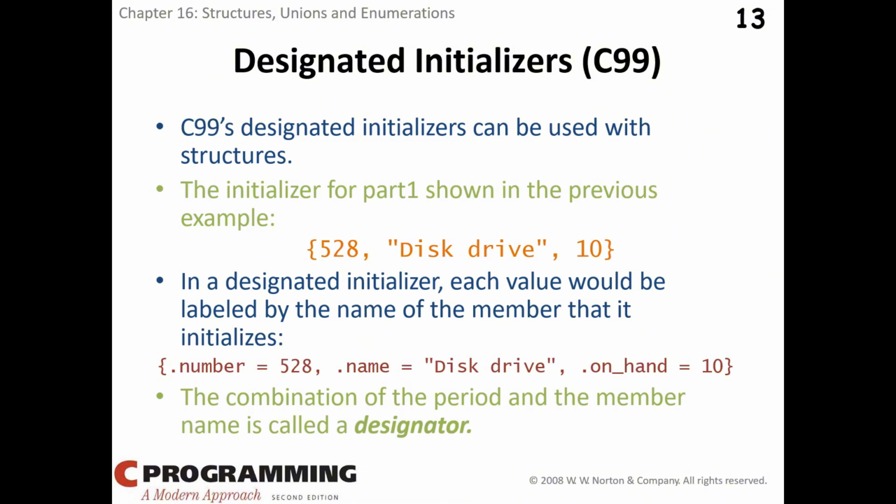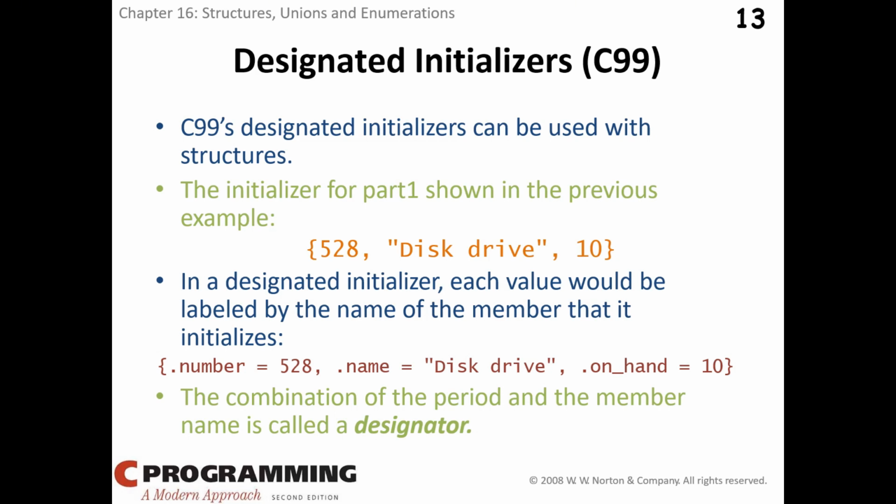So here we have an example in our slide, the orange code. With a designated initializer, we can label each value with the name of the member it initializes, like the brown code that we have in the slide here. In this initialization, each value is preceded by a period and the name of the corresponding structure member it initializes.